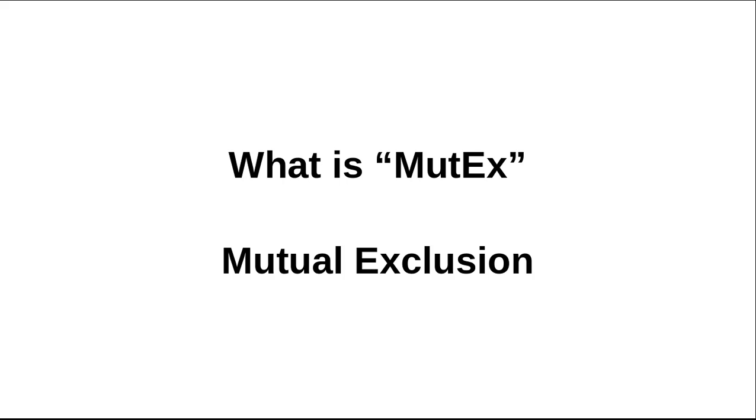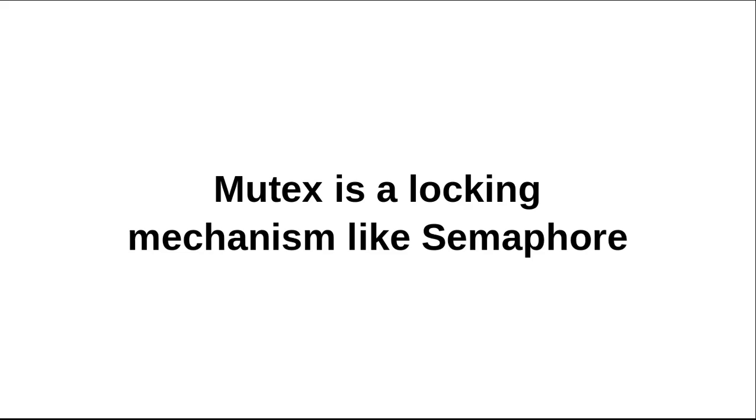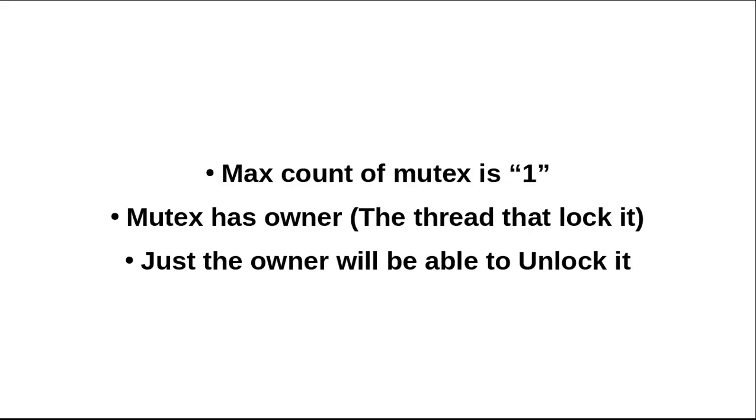What is Mutex? Mutex is a locking mechanism like semaphore. This part is so easy. But what are the differences between semaphore and Mutex? The maximum count of Mutex is always 1.